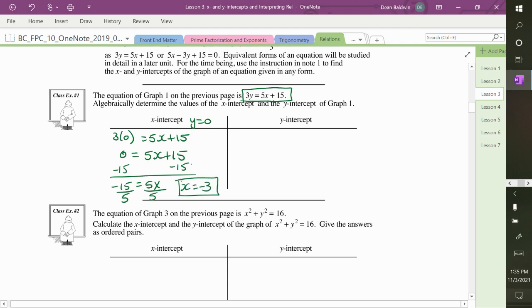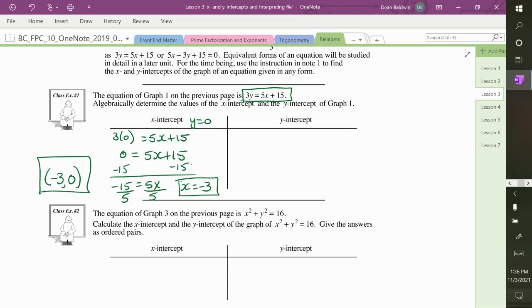Yes, but you're going to have questions that you can't do in your head, so you have to understand the process. All right, so you write the x-intercept as an ordered pair. So the actual answer would be negative 3 and 0. That is the x-intercept because it is a point on the graph and it occurs when y is 0 and the x value is negative 3.